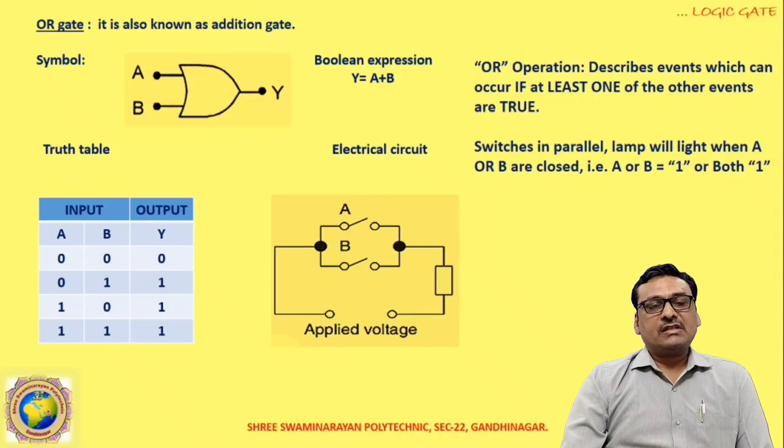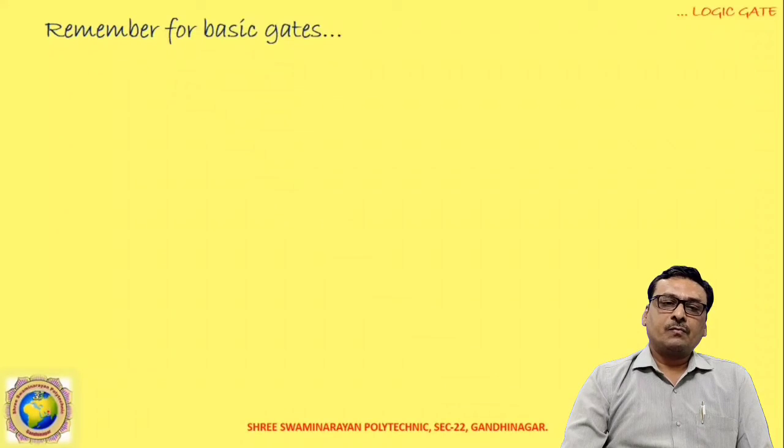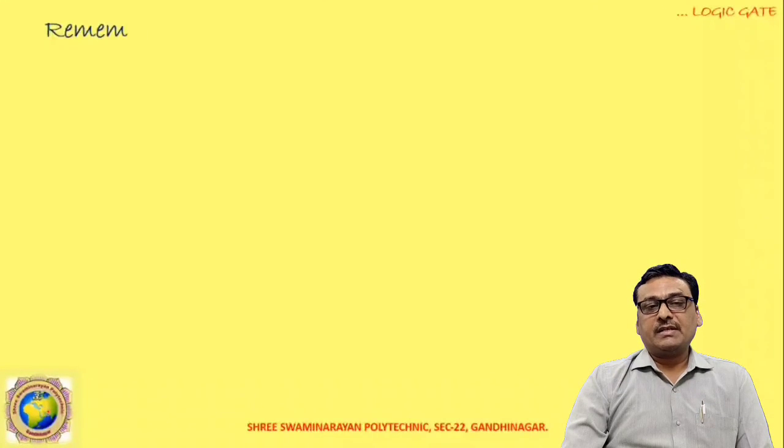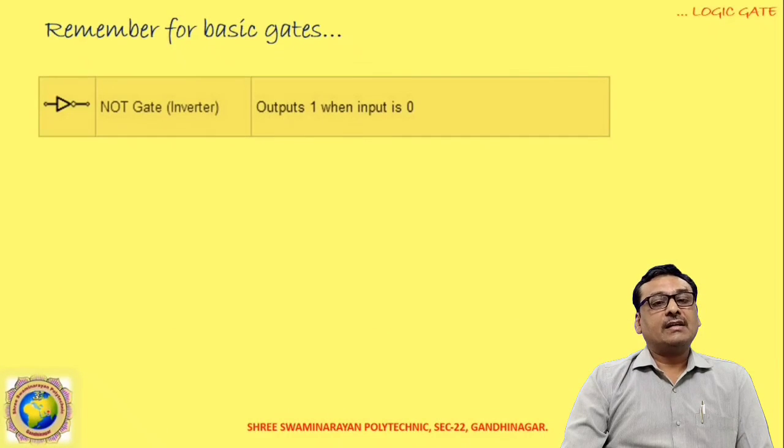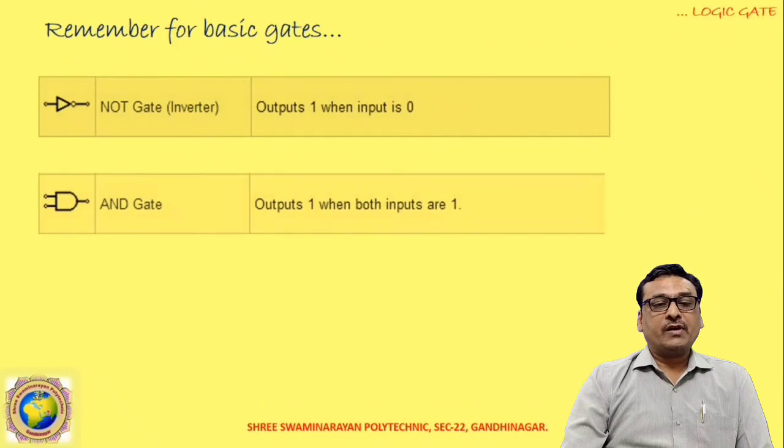Okay, so dear friends, these three gates are called the basic gates: NOT, AND and OR. Everyone should remember the basic gates. The NOT gate gives output 1 when the input is 0. It is also called the inverter gate. The AND gate gives output 1 when both inputs are 1.